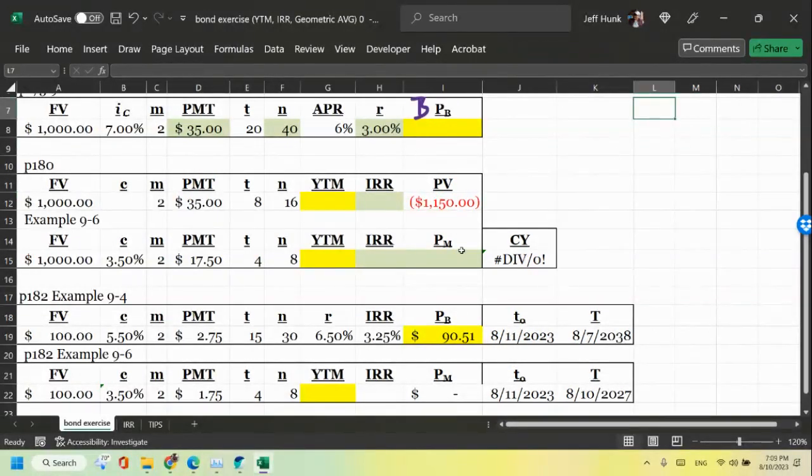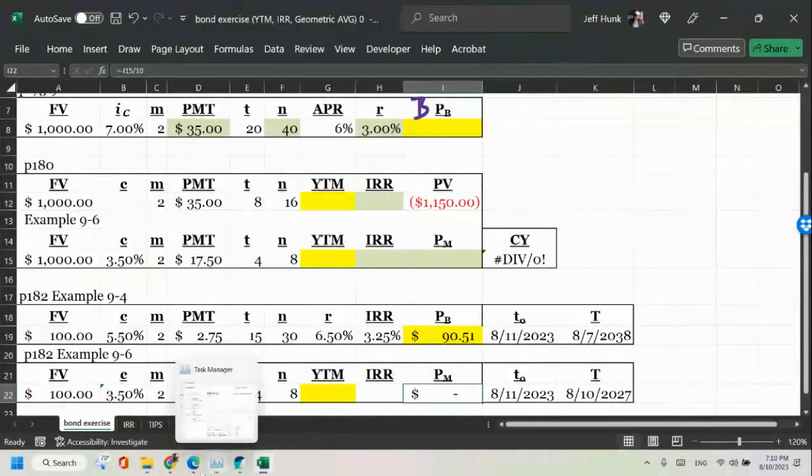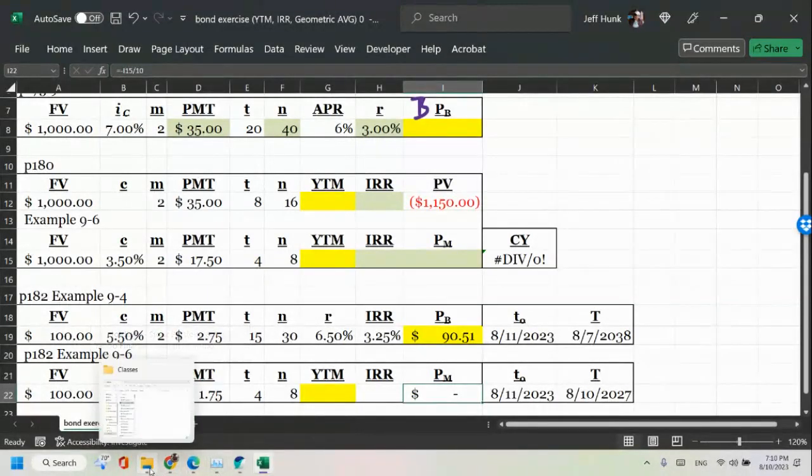But previously in this example, I used PB for intrinsic value and PM for market price. We have to know what the market price should be. Let me see what was in the original example.